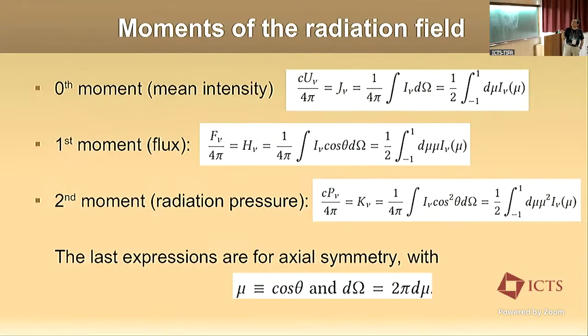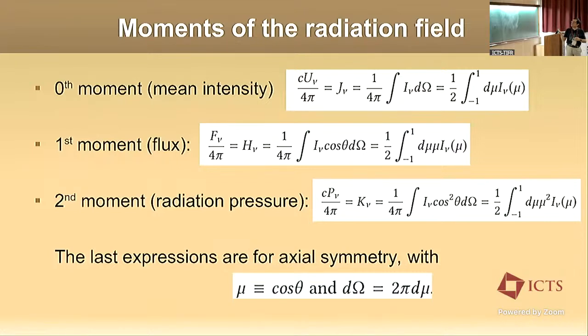Essentially you take the intensity and you average over all directions. I don't care if it's flowing this way or that way. You just take whatever is flowing in any direction over the whole solid angle, and then divide by 4 pi, because the total solid angle is 4 pi, the area of a sphere.